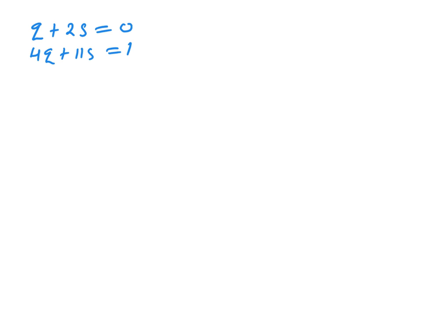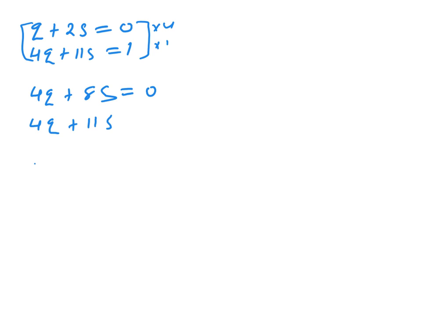Okay, let's go ahead and solve for Q and S by the same approach of elimination. We multiply here by 4, multiply by 1. What do you get? You have 4Q plus 8S is equal to 0. Then we have 4Q plus 11S is equal to 1.